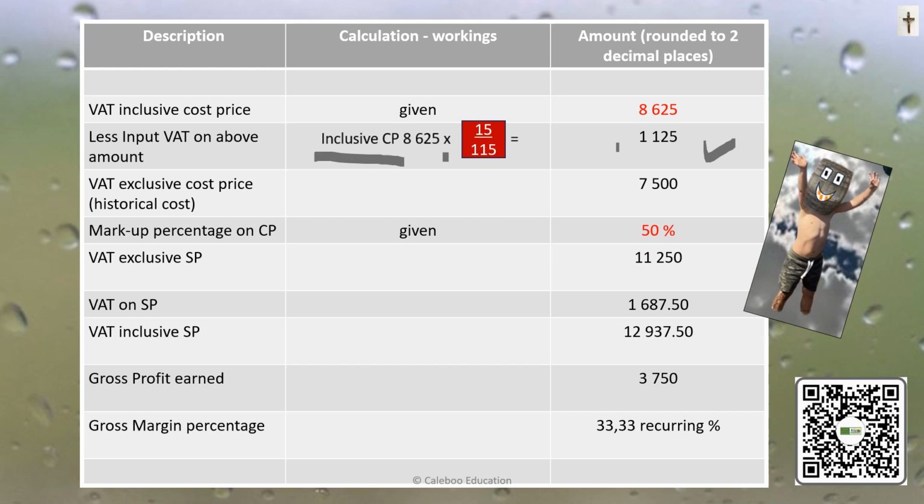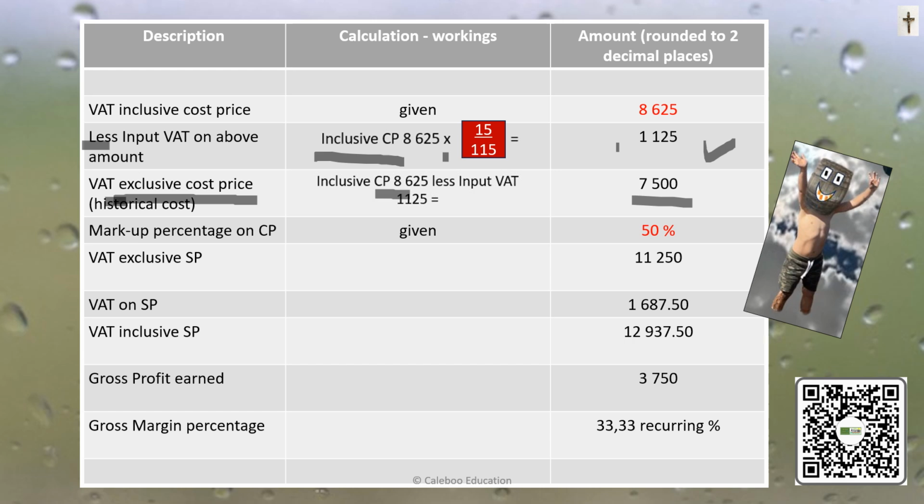Now the next thing that needs to be calculated is the VAT exclusive cost price. So we're going to say the VAT inclusive cost price less the VAT is going to give us the VAT exclusive amount. The amount is 7,500. But how did we get that?